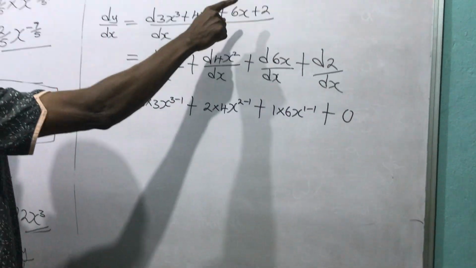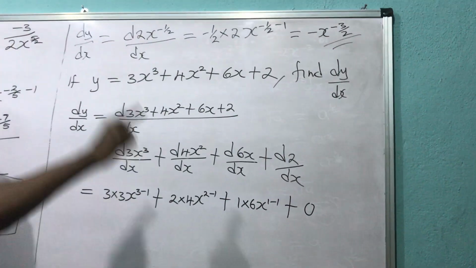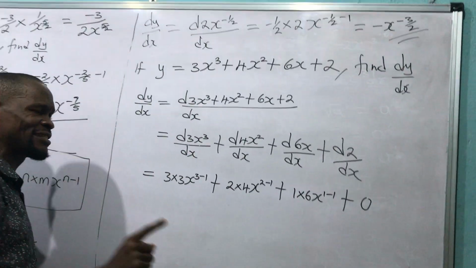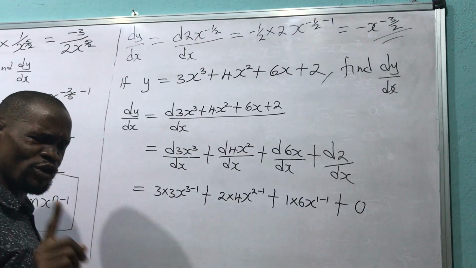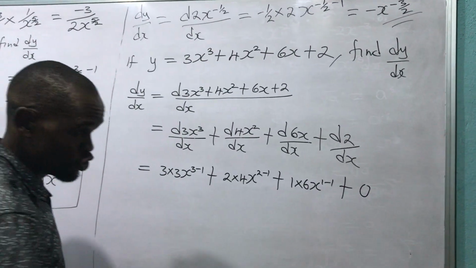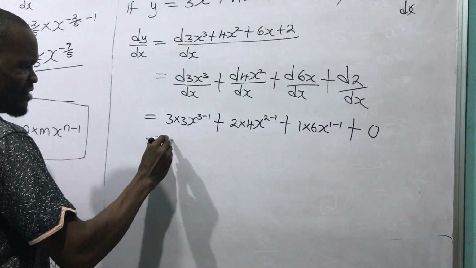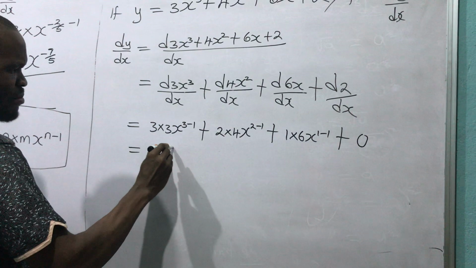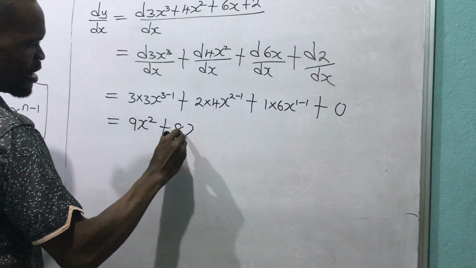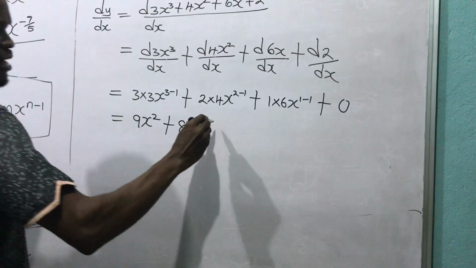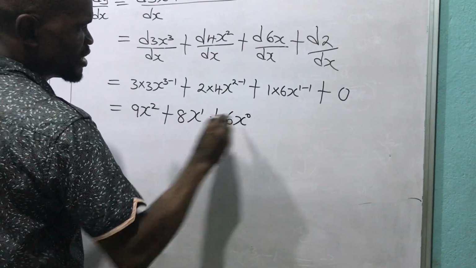Looking at this function, I'm repeating again: differentiating y with respect to x means that only the terms that contain x will survive that differentiation. Any other term that doesn't contain x will give 0 when we differentiate it. Then looking at this, I will have 9, as I said before this gives me 2, plus this will give me 8, and I will have x raised to the power 1. Then plus, this will give me 6x raised to the power 0.